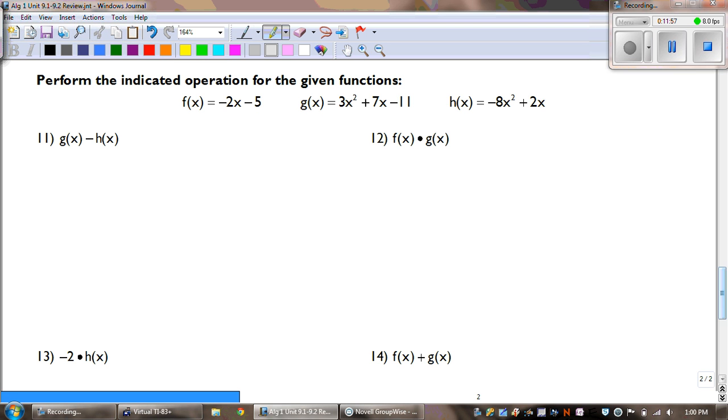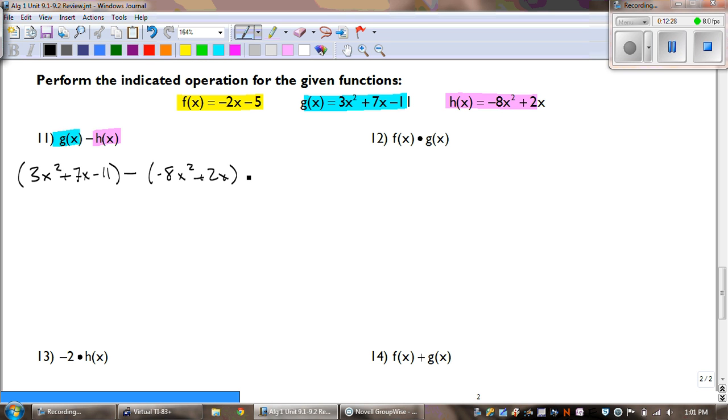Number 11. Let's look at, we have 3 different functions here. So it's telling us to take g of x, I'm sorry, g of x minus h of x. So we put these in, each one in parentheses, so the 3x squared plus 7x minus 11, and we are subtracting that from -8x squared plus 2x.